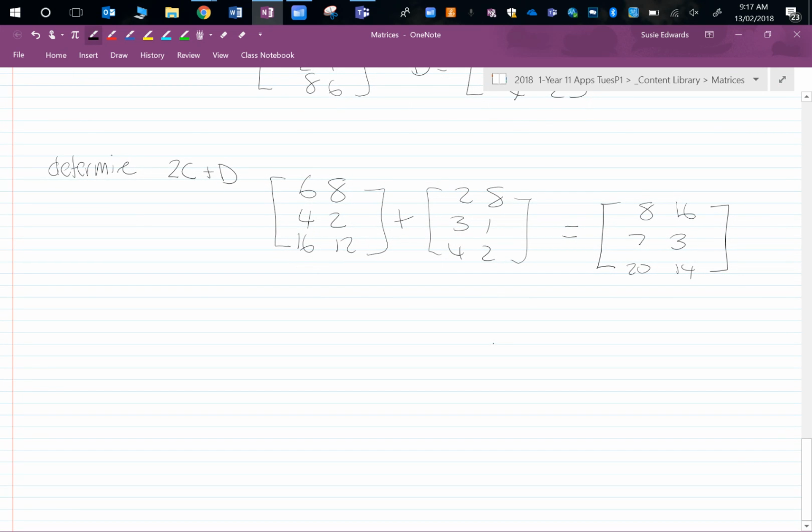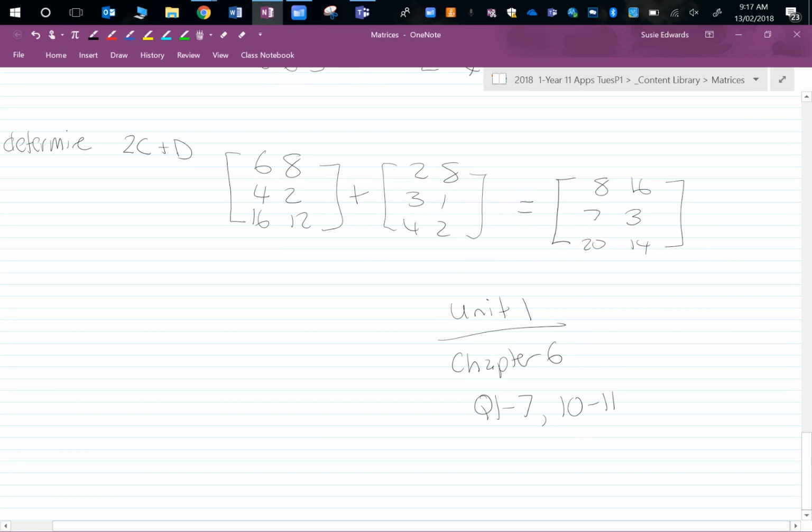We are into, so I asked you to bring Unit 1 book today. Unit 1, Chapter 6. I have a feeling that I have this chapter scanned into the OneNote, but I'll do it if I haven't. Questions 1 to 7 and 10 and 11. I'm not sure what page they are. If someone could tell me, I'll write it up. I've got the page of the old book, if anyone's got the old book.